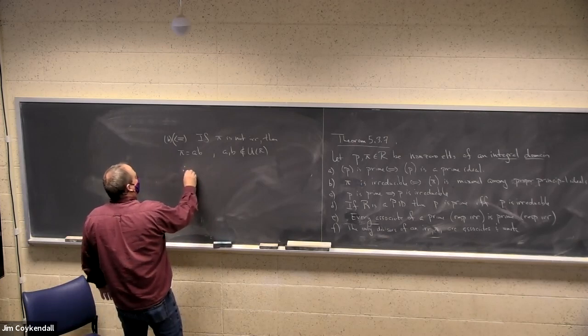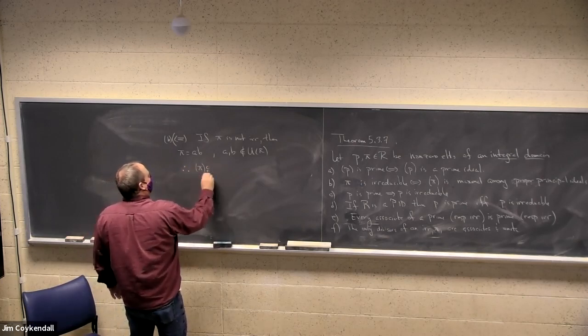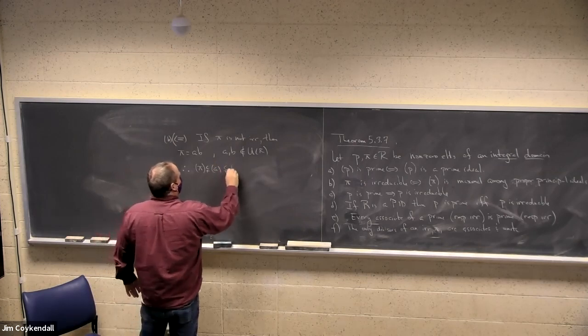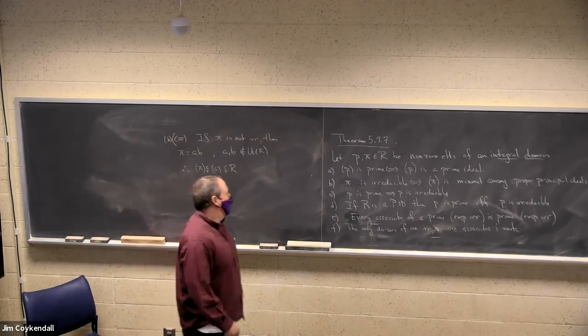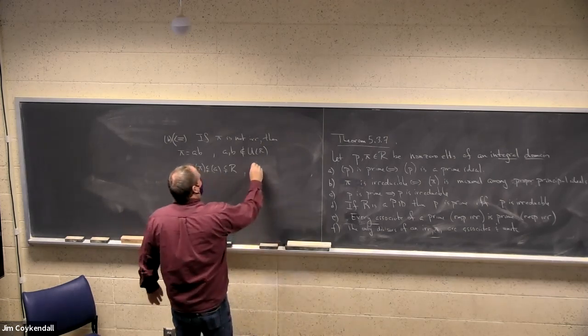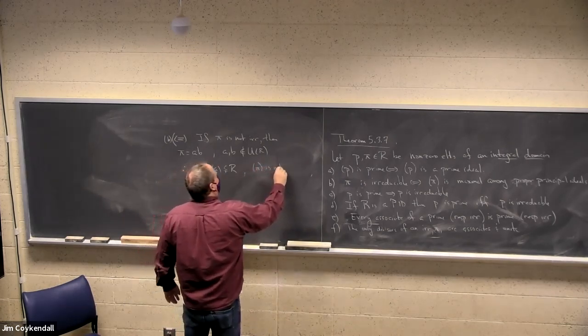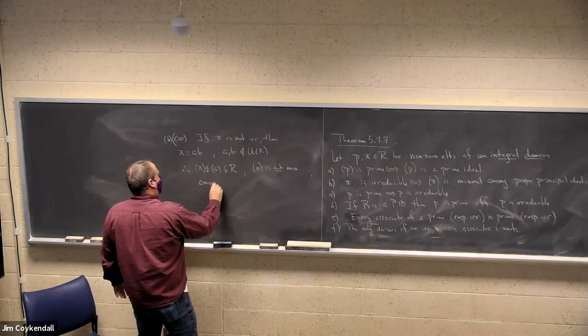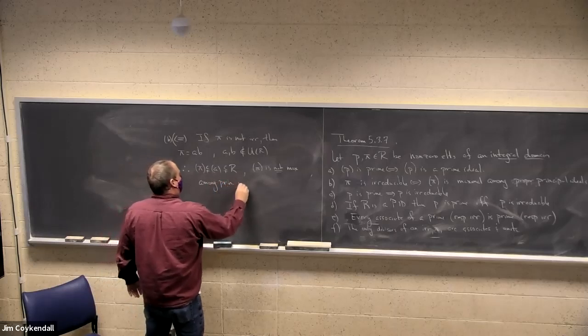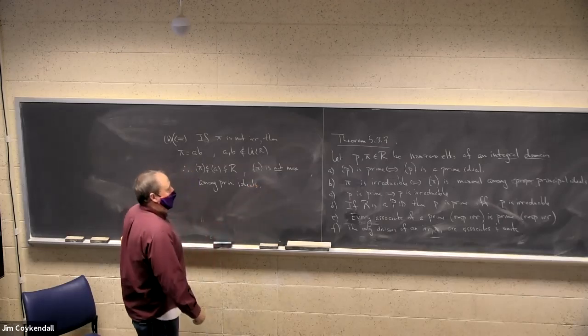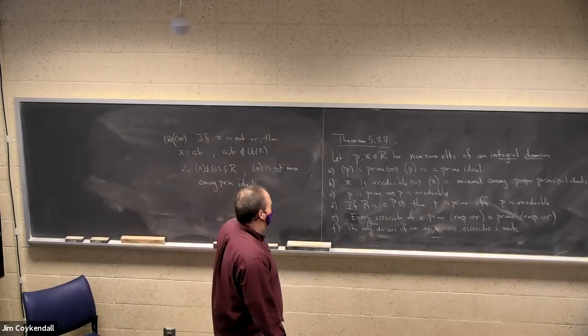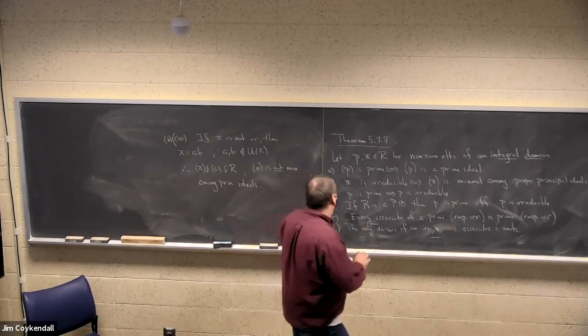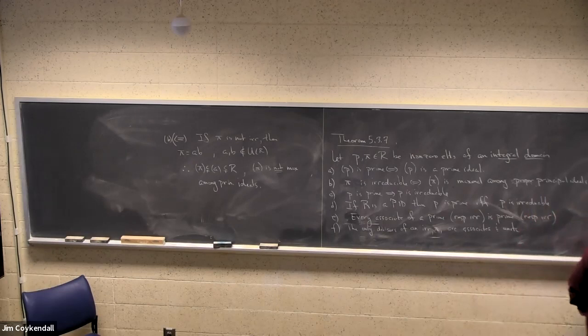Therefore, it's easy to see that pi is strictly contained in the ideal generated by either one of these. And so it's not maximal among principal ideals. And I'll let you sort out the rest. Now, I want to do C and D. And I'll let you all sort out D again.